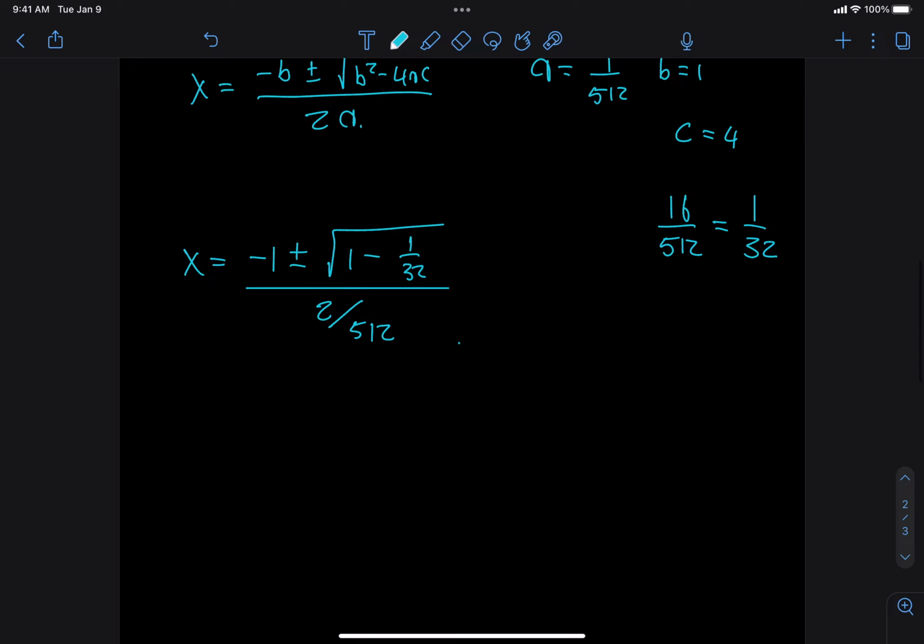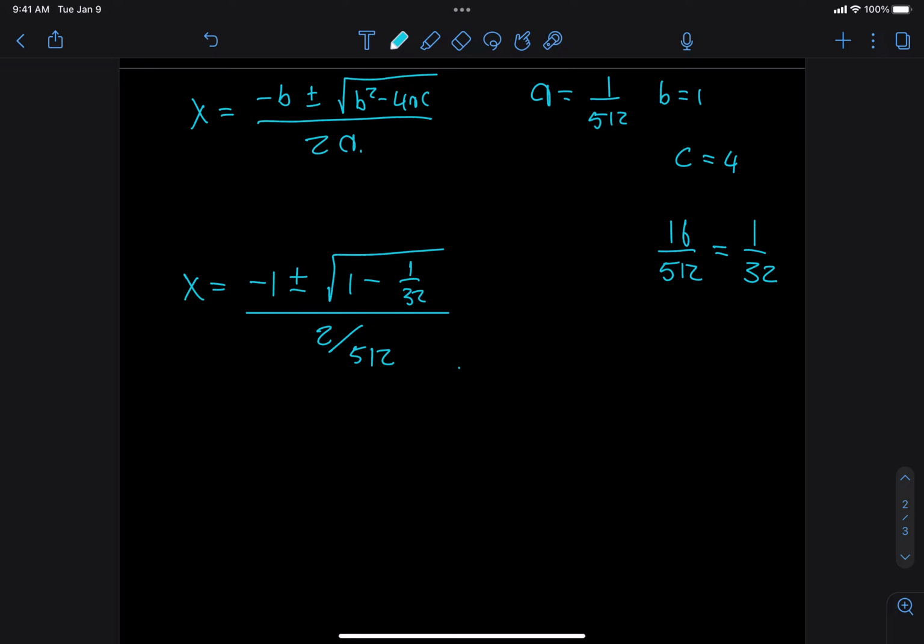Okay, so how do we go about getting from here to a decimal? Not sure? Are we stuck? How can we get to a decimal? Yeah, square root.